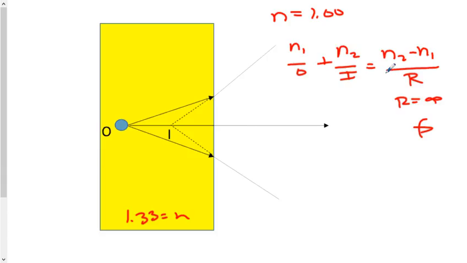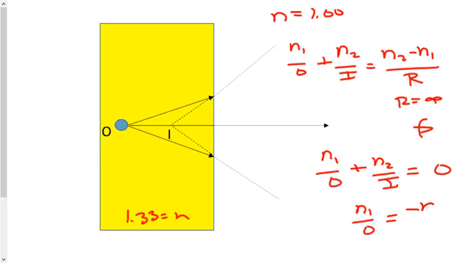So therefore this part goes to 0. So then I've got n1 divided by O plus n2 divided by I is equal to 0. And we can quickly solve for that. n1 divided by O equals a negative n2 divided by I. And that's our equation there.